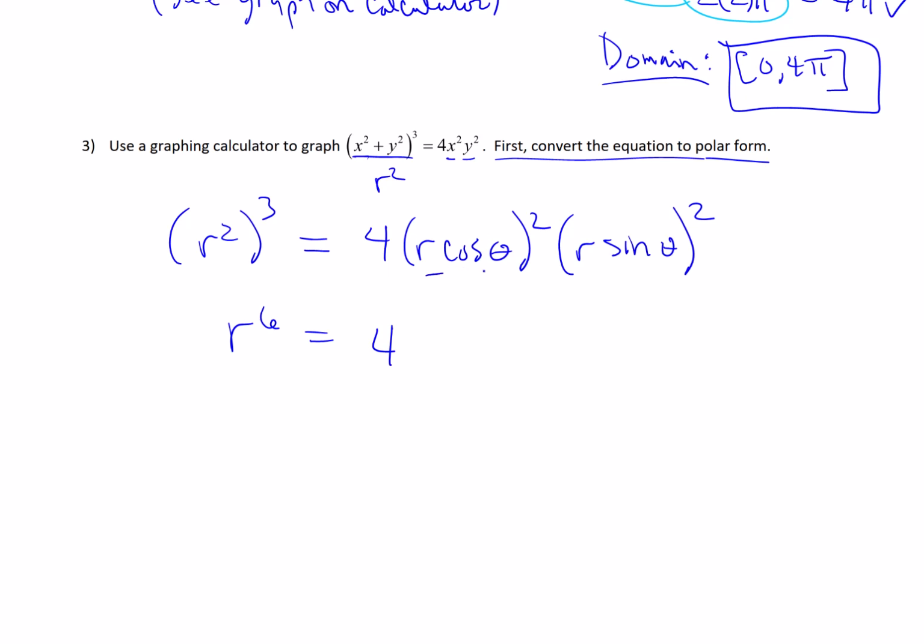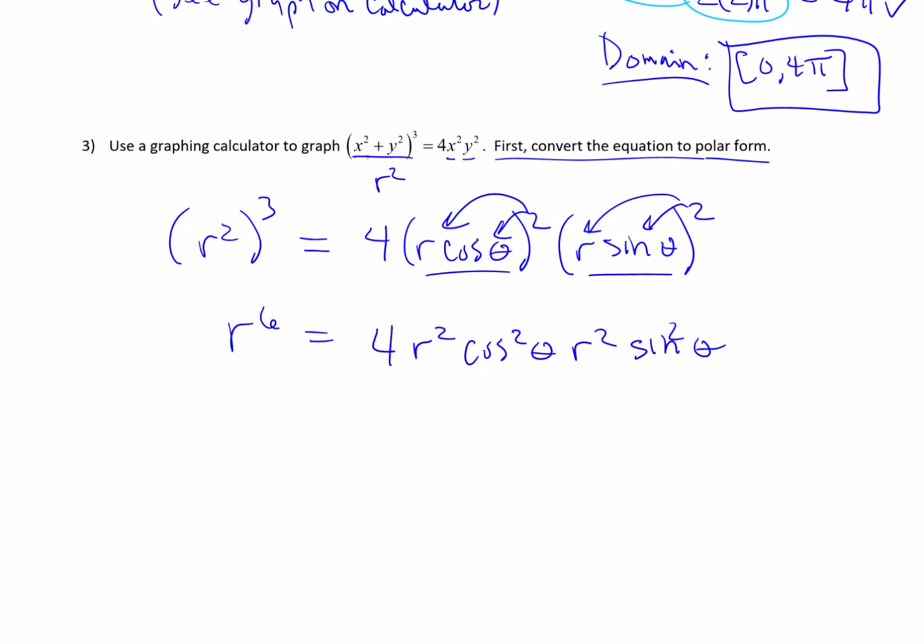And then since we have a product inside each of these parentheses, r times cosine theta or r times sine theta, with a product, you can apply the squared or power outside the product to each of those factors inside. This, again, just goes back to some algebra. So we'll write that as 4 r squared cosine squared theta r squared sine squared theta.